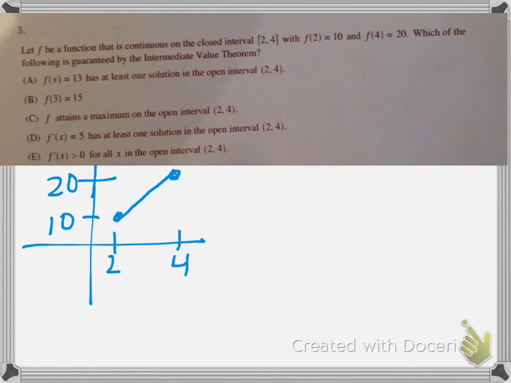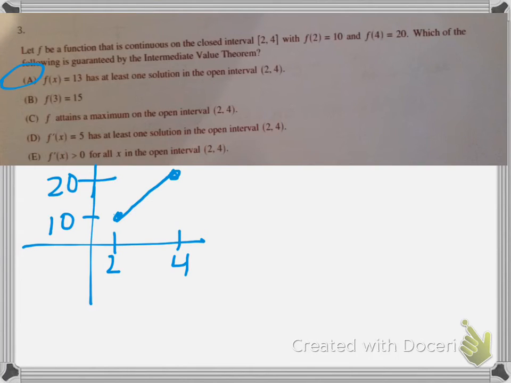I mean, we don't know what it is. But we just know that it goes from 2 to 4, and the y's go from 10 to 20. So there I have all these different choices here. And so let's look at A first. So y must equal 13, at least once it's saying. And yes, that has to be true, because how can you go from 10 to 20 without ever passing 13?